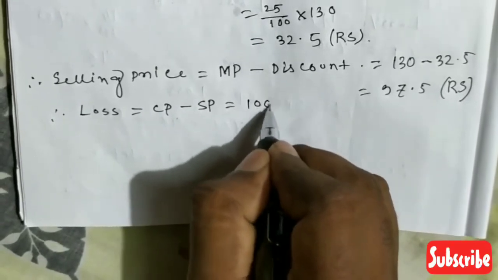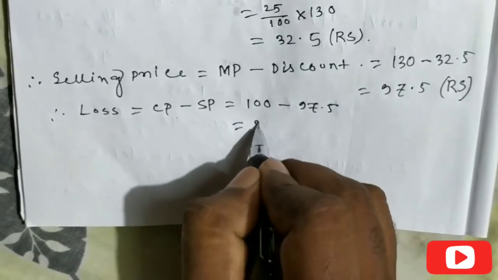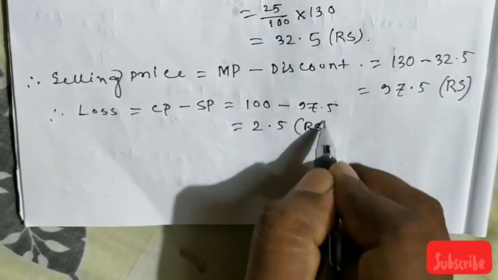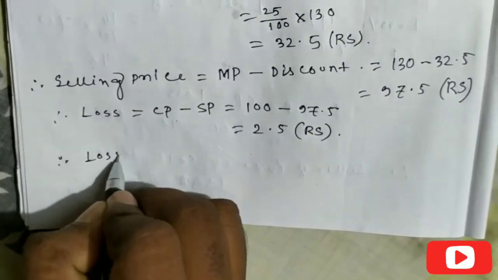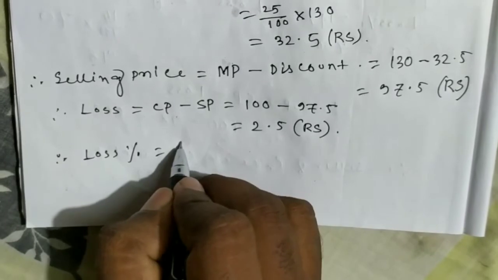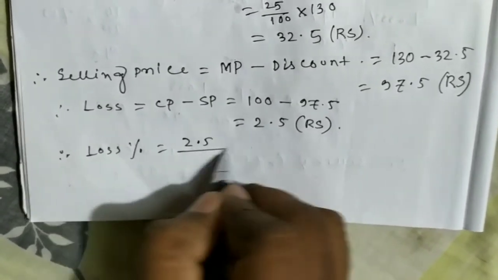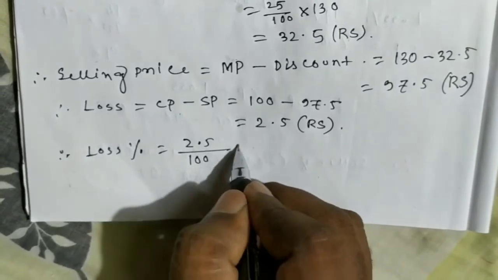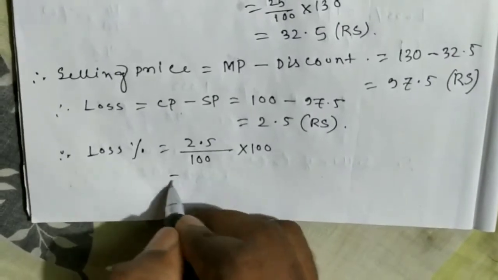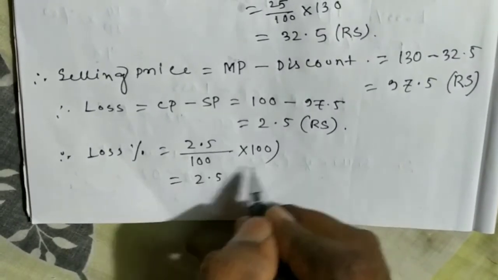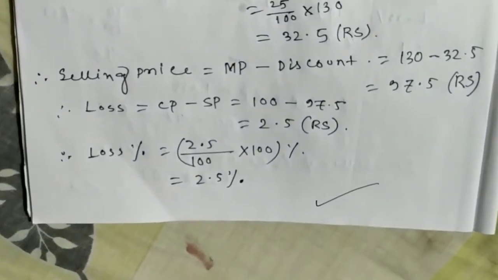CP is equal to 100 and SP is equal to 97.5, so loss is 2.5 rupees. Therefore, loss percentage is equal to 2.5%. This is the answer.